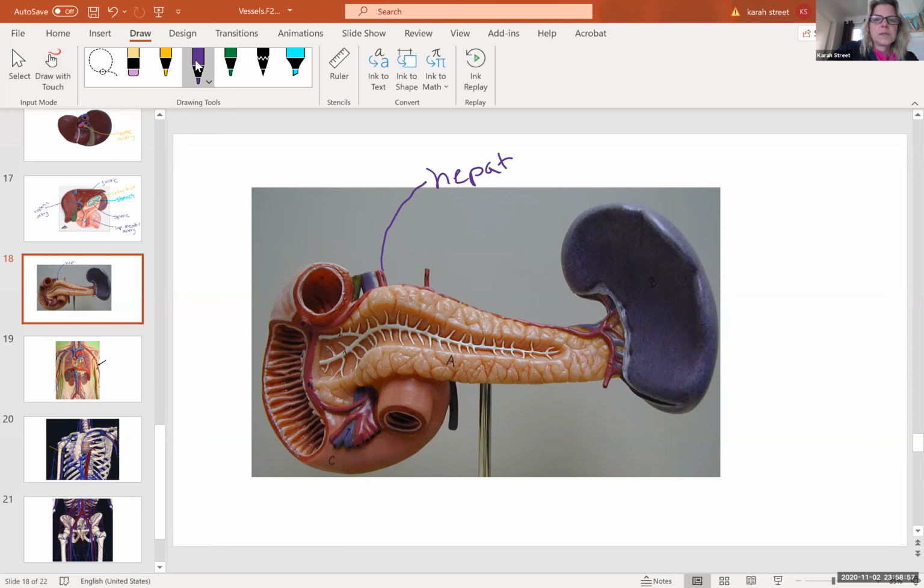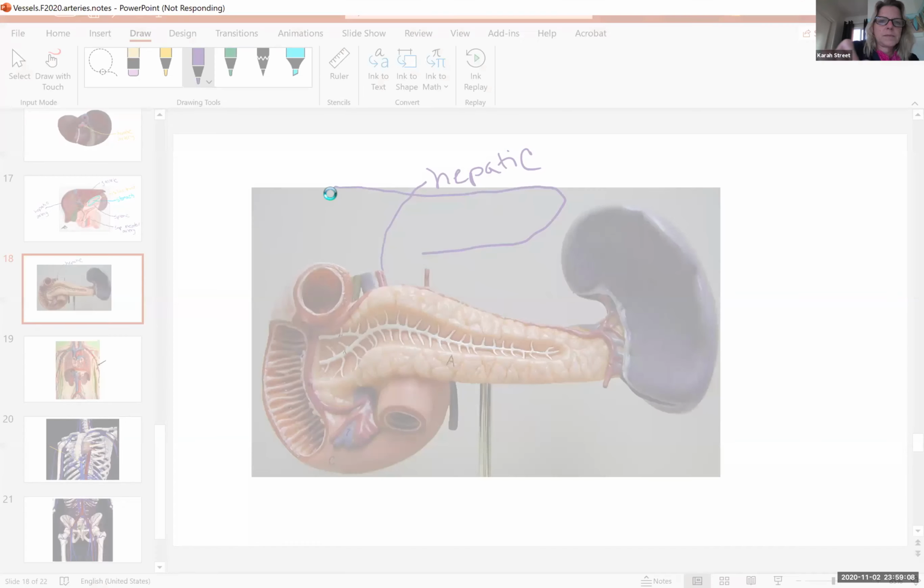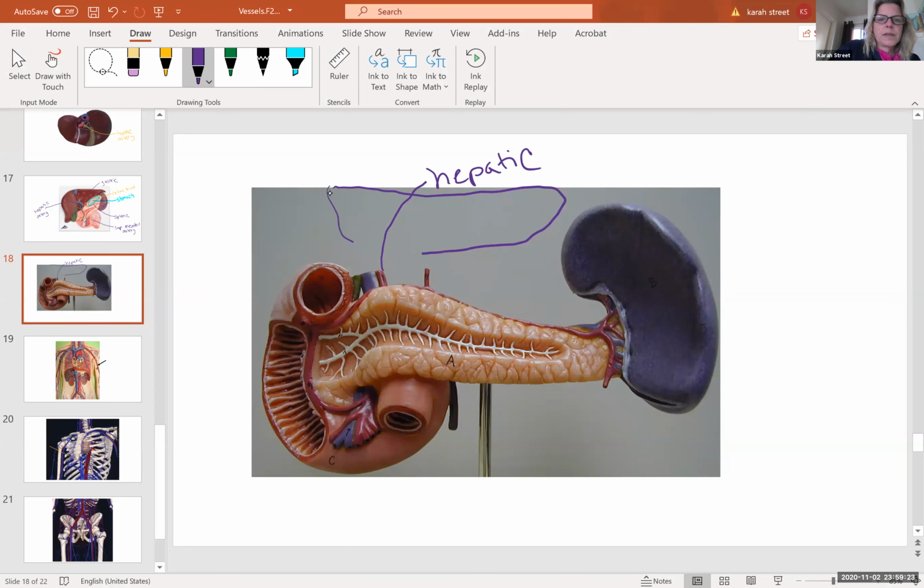So let me pretend the liver is right here with the big left lobe. Hold on a minute. My PowerPoint is freezing and it's thinking. There we go. So there would be the left lobe, and then here's the right lobe of the liver. So that would be the hepatic artery going into the liver.